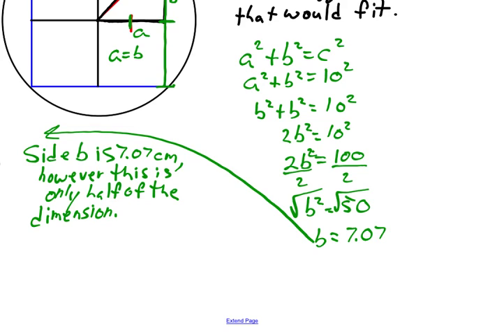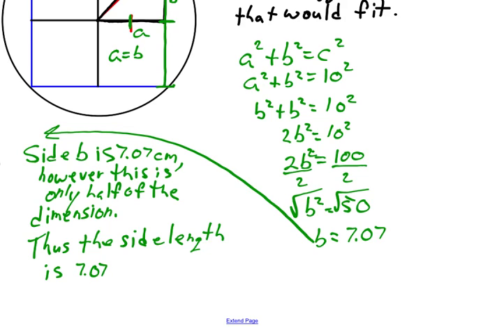Therefore, I have to multiply it by 2. Thus, the side length is 7.07 times 2, which is 14.14. Kind of a fun number to pop up.